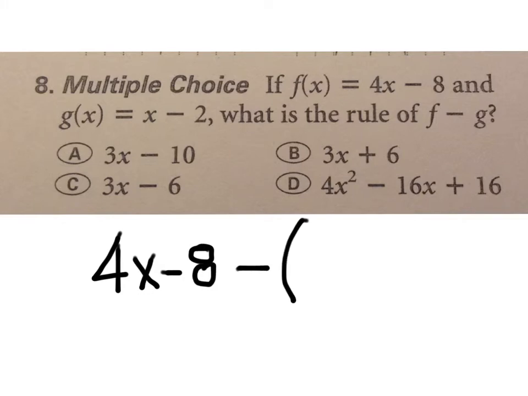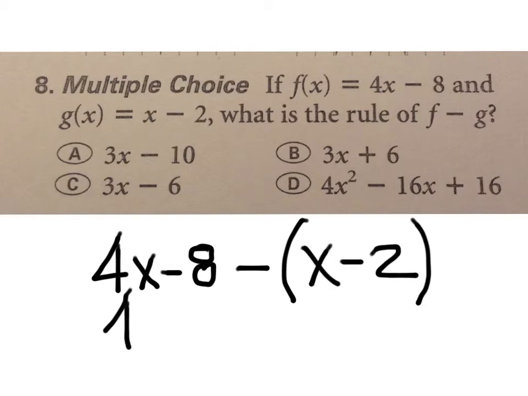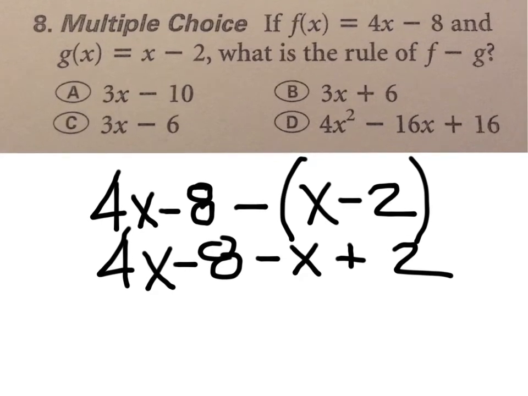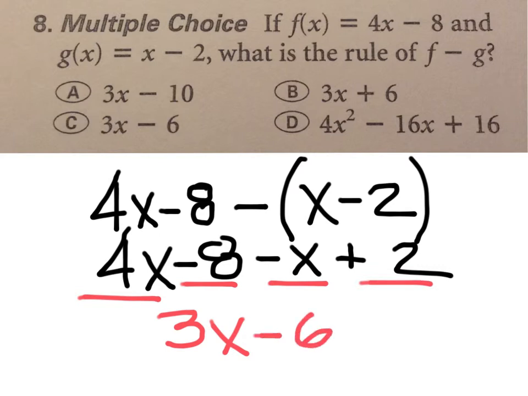When you subtract a quantity, you put it in parentheses, minus the quantity of x minus 2. Distribute the negative sign outside the quantity to get minus x plus 2, and then go back through and simplify. 4x minus x is 3x, negative 8 plus 2 is minus 6, so 3x minus 6. Choice is C.